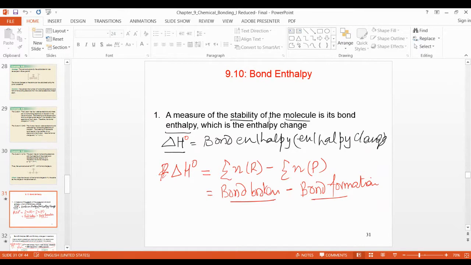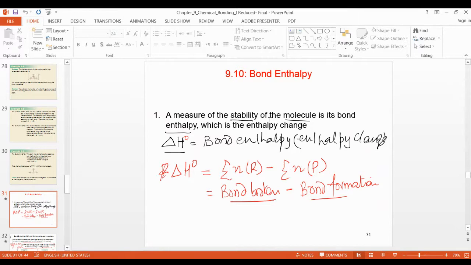So this is a difference of formula. The previous formula, for the enthalpy of a reaction, is product minus reactant. But here, when you determine the bond energy of a chemical reaction, it is reactant minus product. This is the only difference, so don't confuse them.